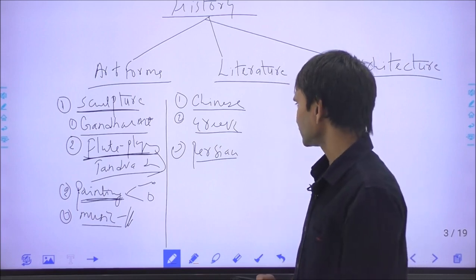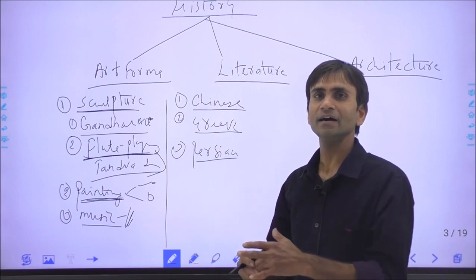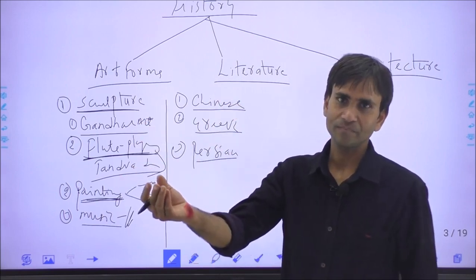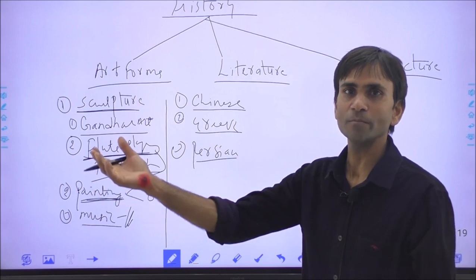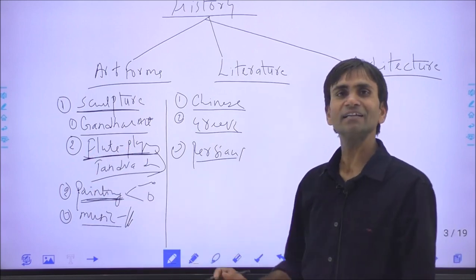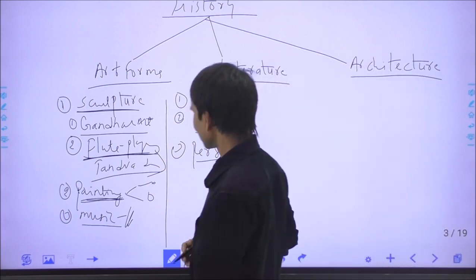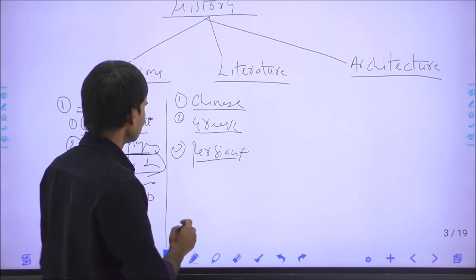And why is it said that Persian literature is considered the age of spirit? What do you mean by age of spirit, and how does Persian literature differ from the Chinese, Greek and Indian literature? So we have to understand the nature of Persian literature.